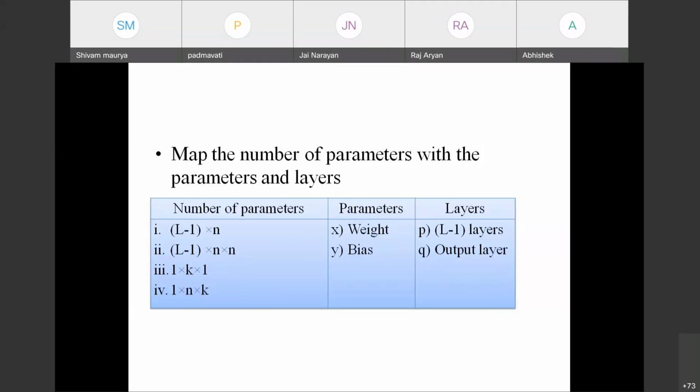Someone has answered. Fourth one is mapped. We know one layer is with respect to the output layer, 1 into n into k. So that is mapped with k, n cross k, that is the weight matrix, and the weight matrix is further mapped with my output layer.